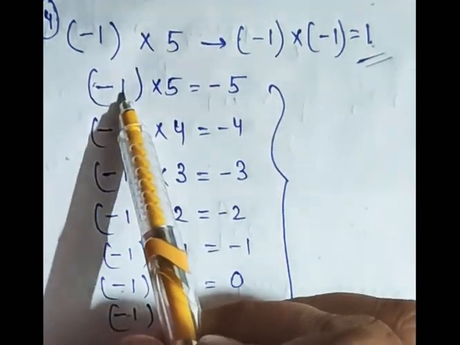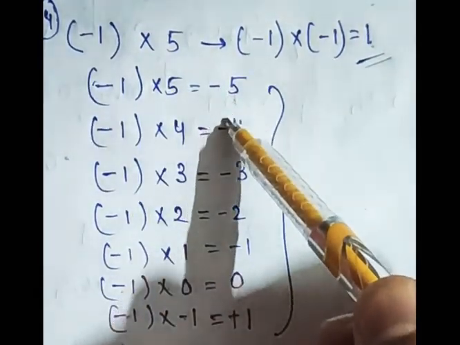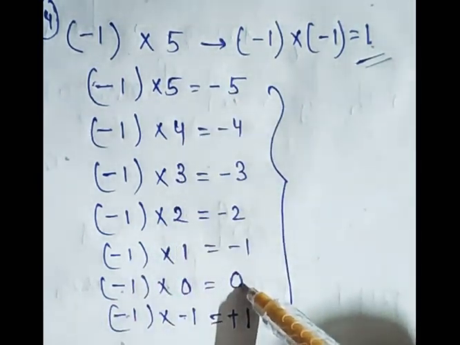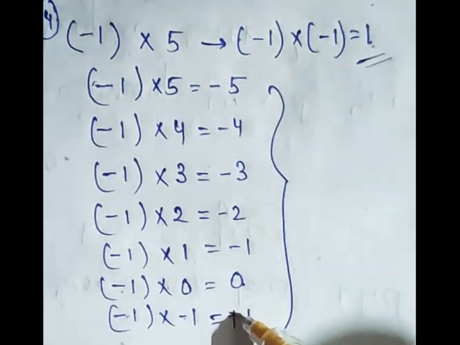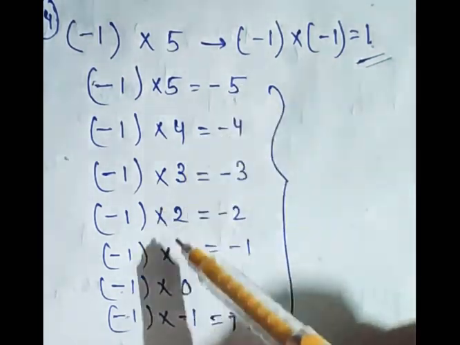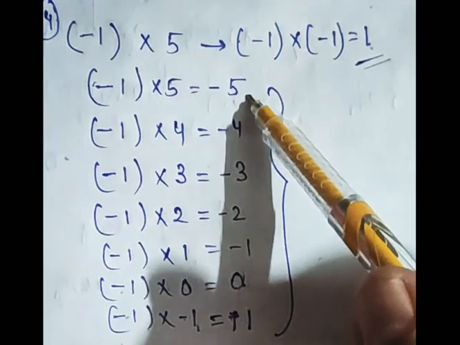Starting from minus 1 into 5 is equal to minus 5. Now you can understand, just see the pattern here, as the number moves toward 0, the product is increasing, right? Here it was below the 0, and now here it is below the 0, which is a negative integer.